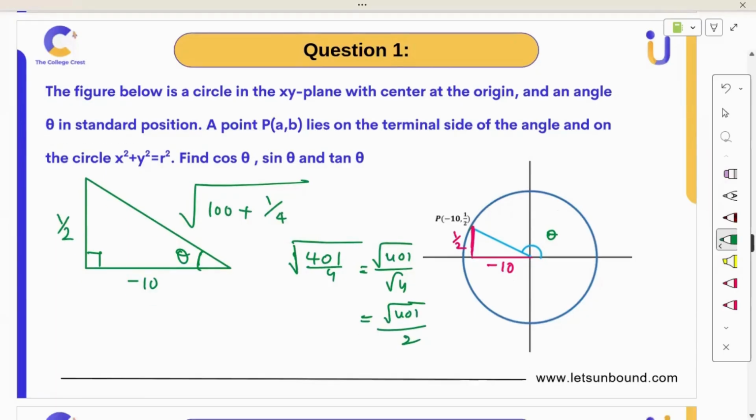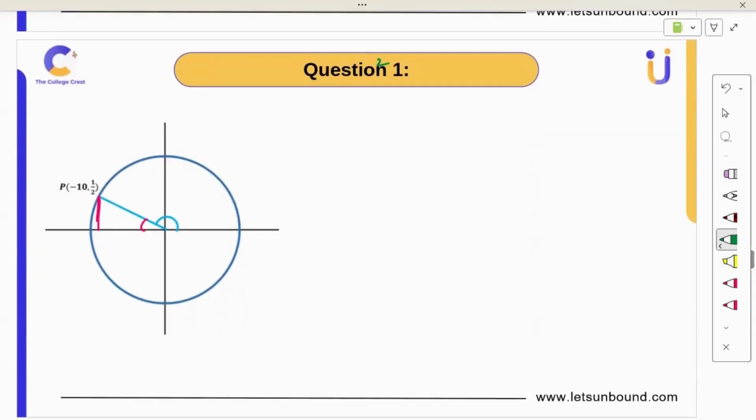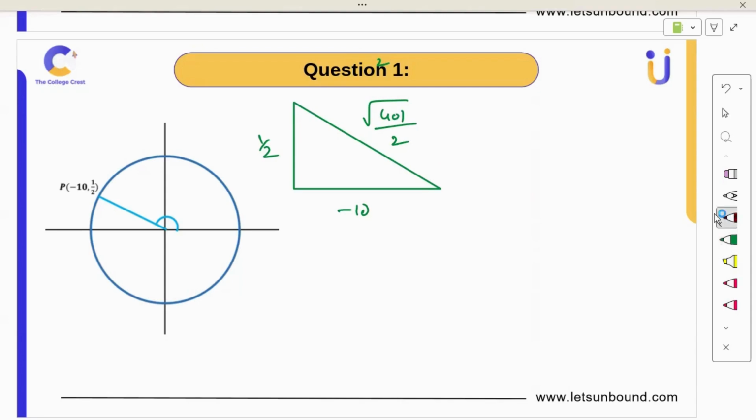Now, with this we can find cos, sin, tan. That's simple. Right? So this is a right triangle. We have -10 here, half here, √401 divided by 2. Now what is sin theta? Opposite over hypotenuse. This is my theta. Opposite over hypotenuse. 1 by 2 divided by √401 divided by 2.